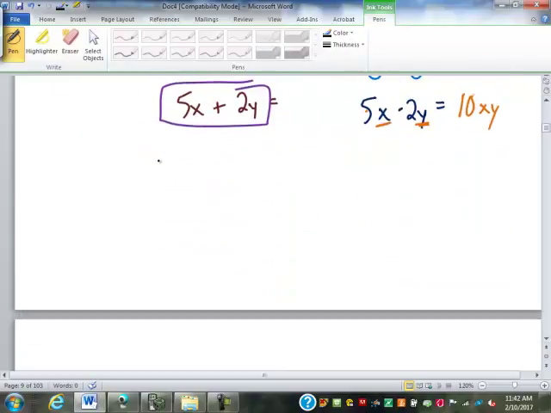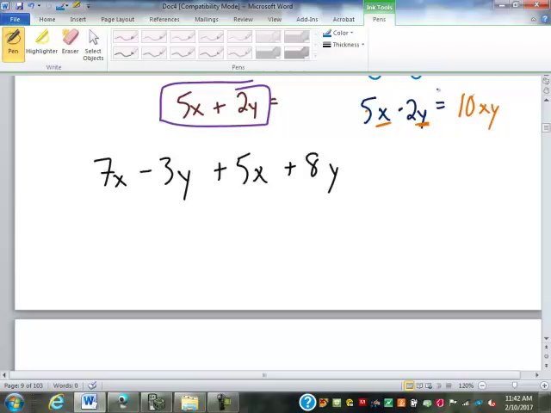So as we look at combining items with algebraic numbers, we might have something that looks like this. 7x minus 3y plus 5x plus 8y. When we look at that, we see that there are different names, and we're adding and subtracting.